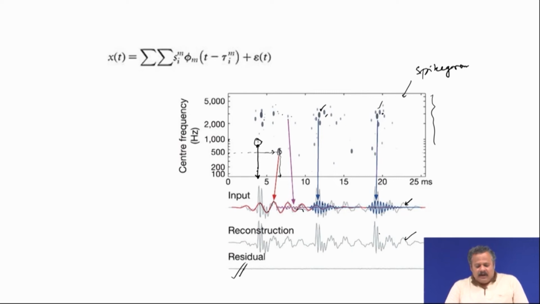So what are these kernels? How are they related to our actual auditory system? In order to study that, as they found the center frequency, they essentially found what these kernels are in terms of their frequency representation.